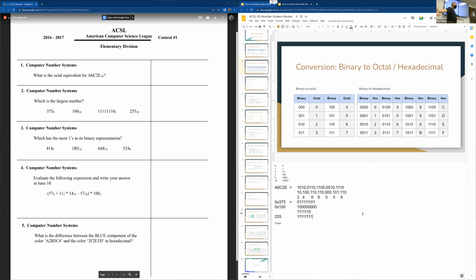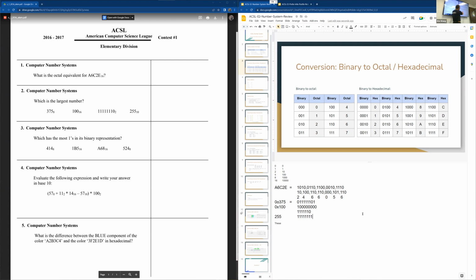The longest is the biggest, right? Is that right? Yeah. So the second one, this hexadecimal 100, is the largest, right?